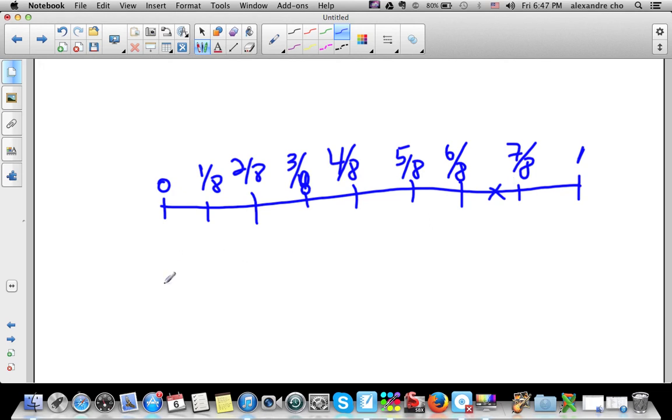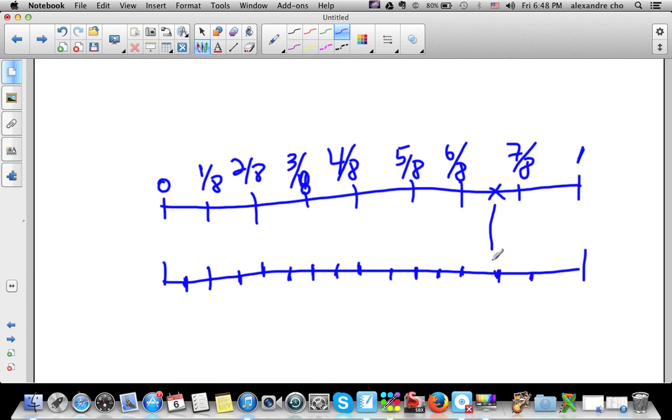Okay, so we want to see if we can find a better location here. And what we can do is, again, take the 8ths, something that was folded into 8 parts, and we can cut that again or fold it again. And from 8ths, we can make it into 16ths. And as you can tell, now you can have a better location.